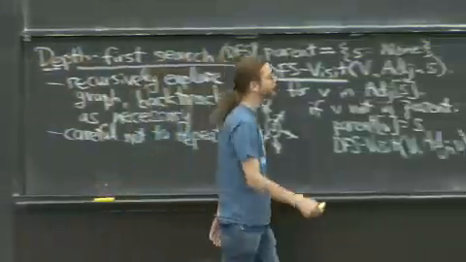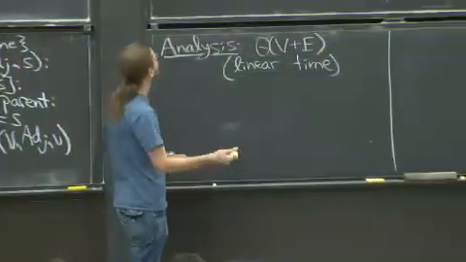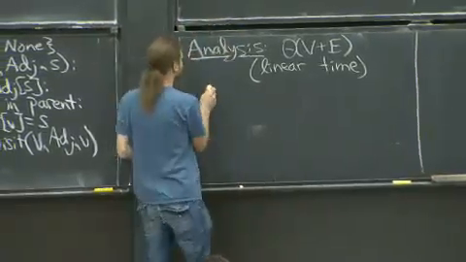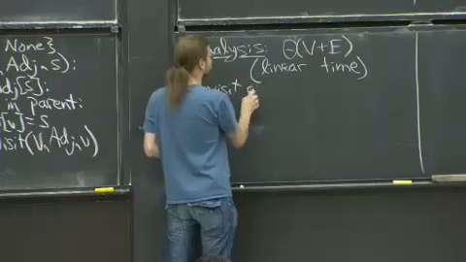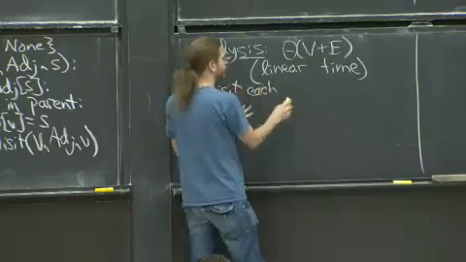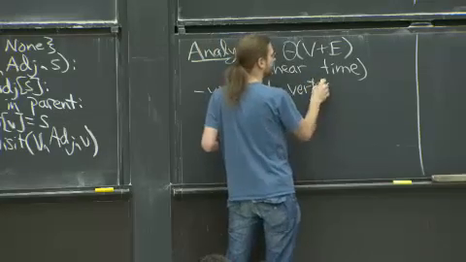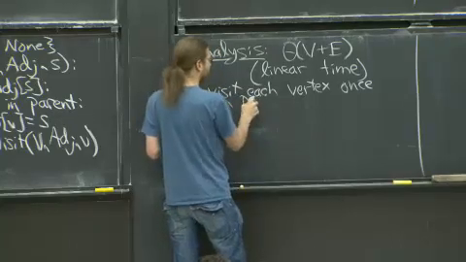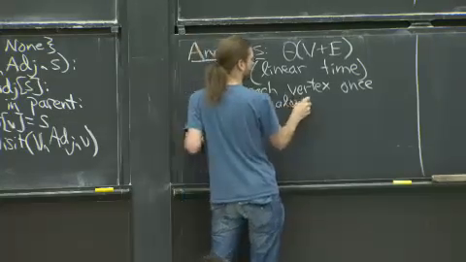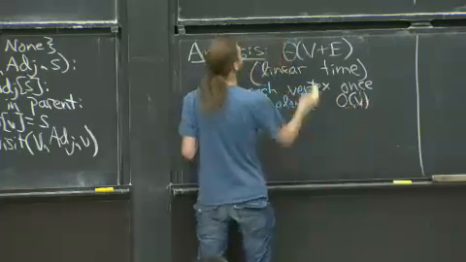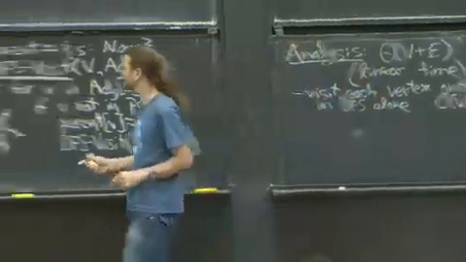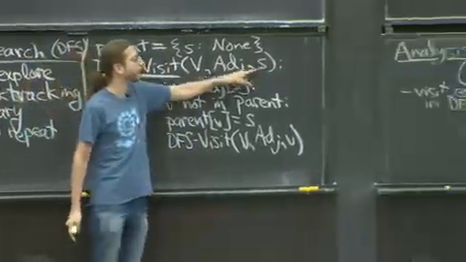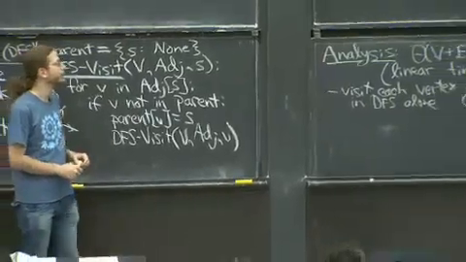The reason it's order V plus E is, well, first, as you were saying, you're visiting every vertex once in this outer loop, not worrying about the recursion. In DFS alone, that's order V. Then we have to worry about this recursion. But we know that whenever we call DFS visit on a vertex, it did not have a parent before.